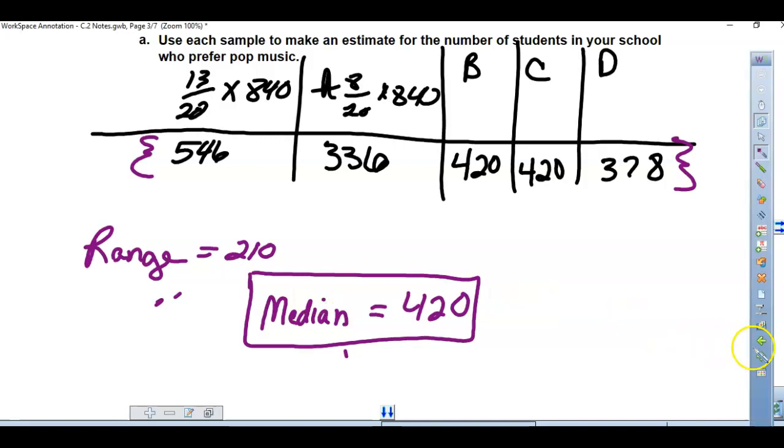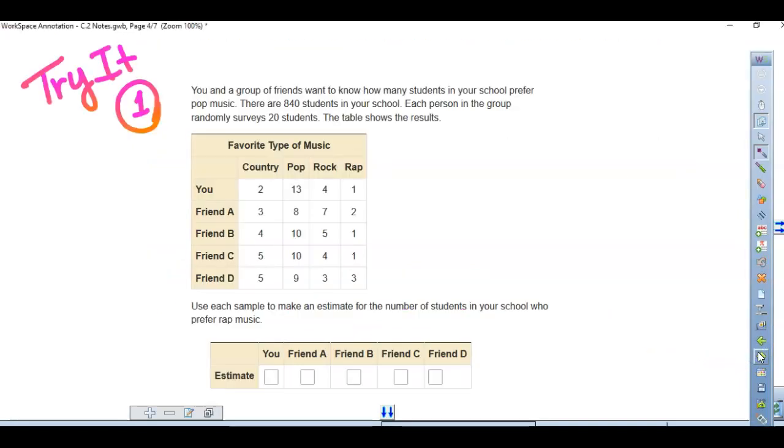Does that make sense? All right, now let's give you a try. It says, you and a group of friends want to know how many students in your school prefer pop music. There are 840 students in your school. Each person in the group surveys 20 random students. The table shows the results. First, we're going to use each individual sample and make an estimate for each of those samples.